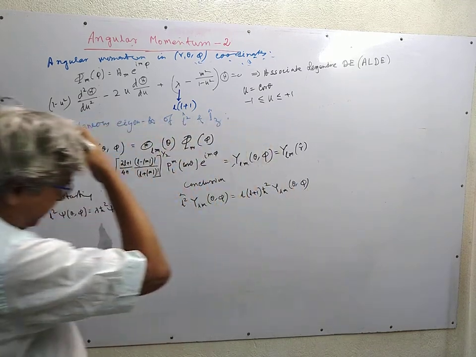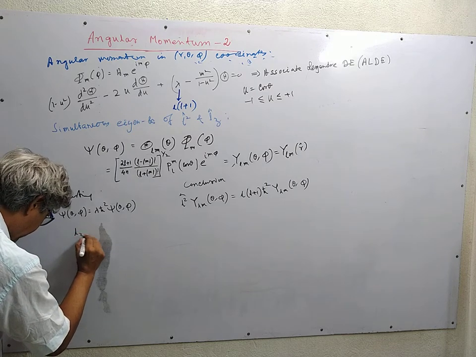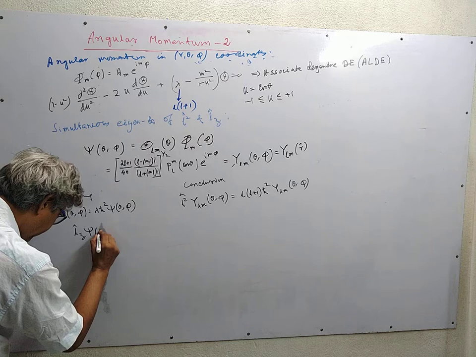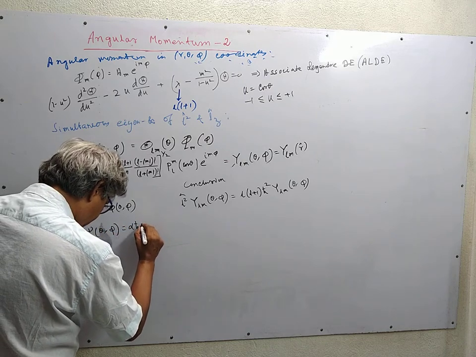This is the eigenvalue equation, and it was L_z operating on the eigenfunction giving alpha h-bar.